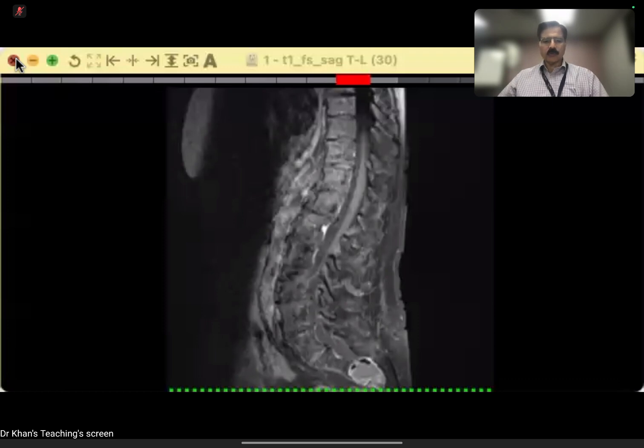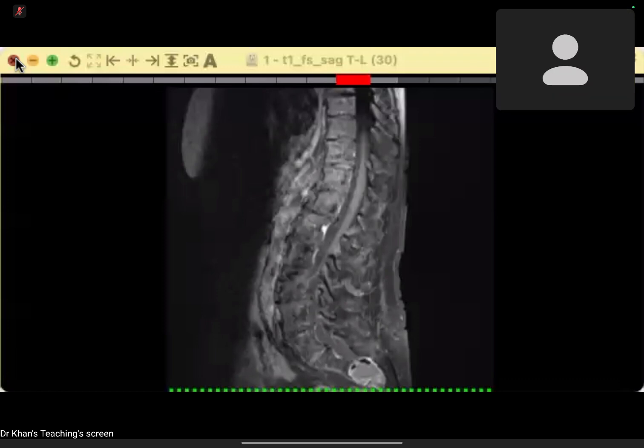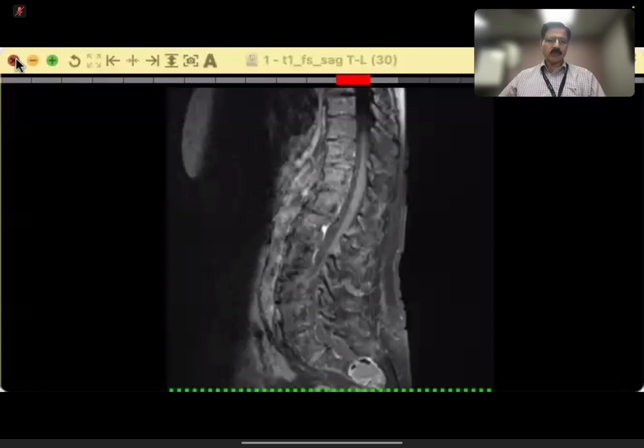So this is a T1 for you? No, okay, sir, it's not showing. It's not showing for you. Just one second, please. Don't move your mouse.